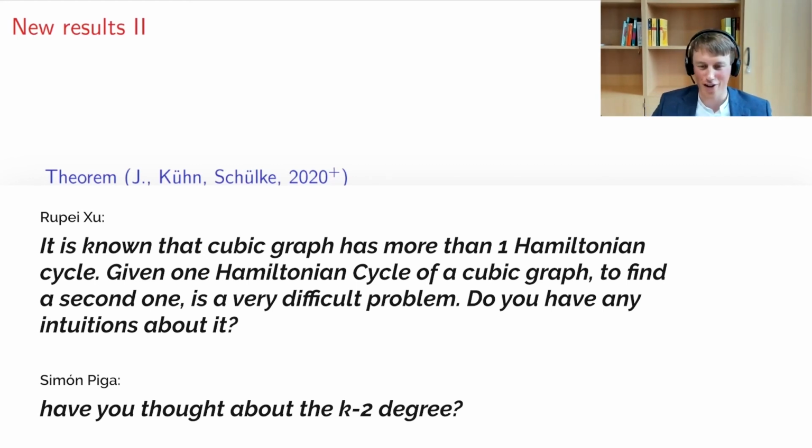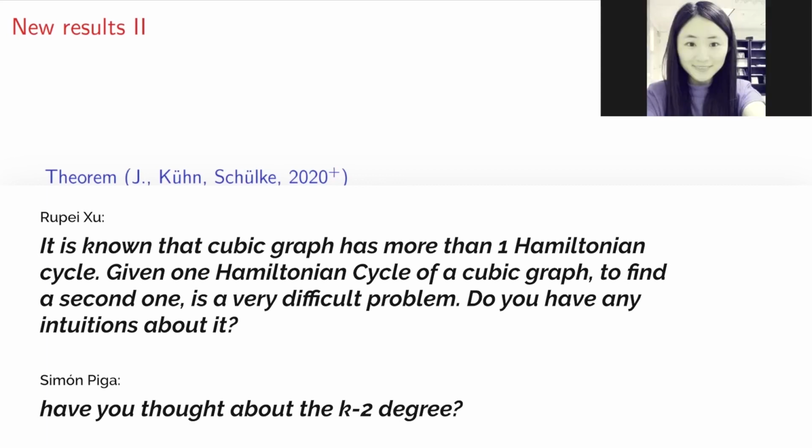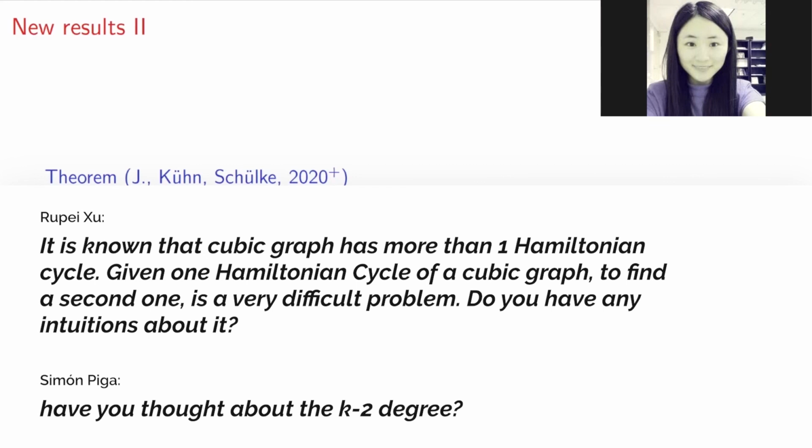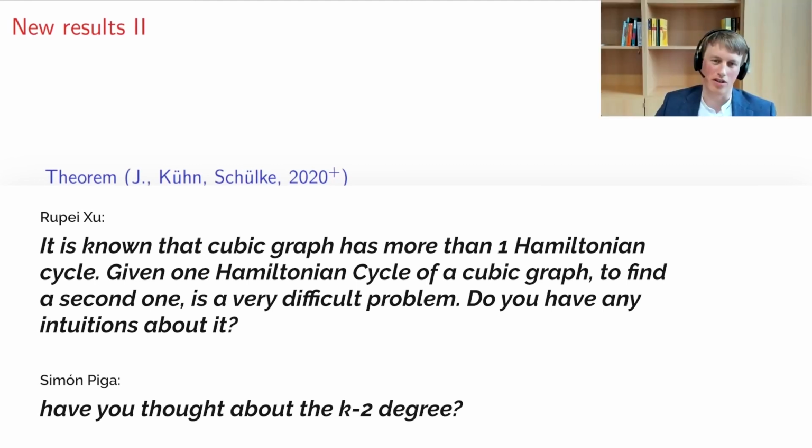No, not from the top of my head. You give a lot of results about the packing number, but do you have intuition about the relationships between those Hamiltonian cycles? What's the structural relationship for them? Not yet, no.